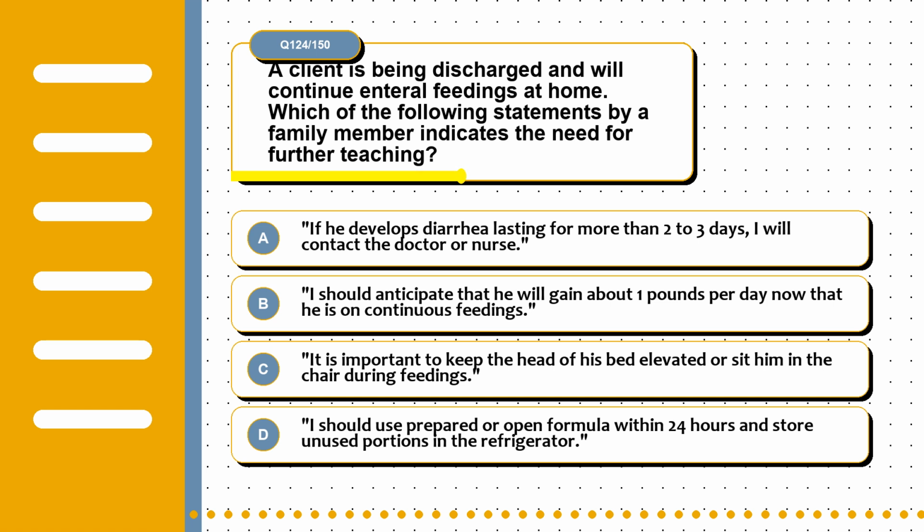Option B. I should anticipate that he will gain about 1 pound per day now that he is on continuous feedings. Option C. It is important to keep the head of his bed elevated or sit him in the chair during feedings. Option D. I should use prepared or open formula within 24 hours and store unused portions in the refrigerator.